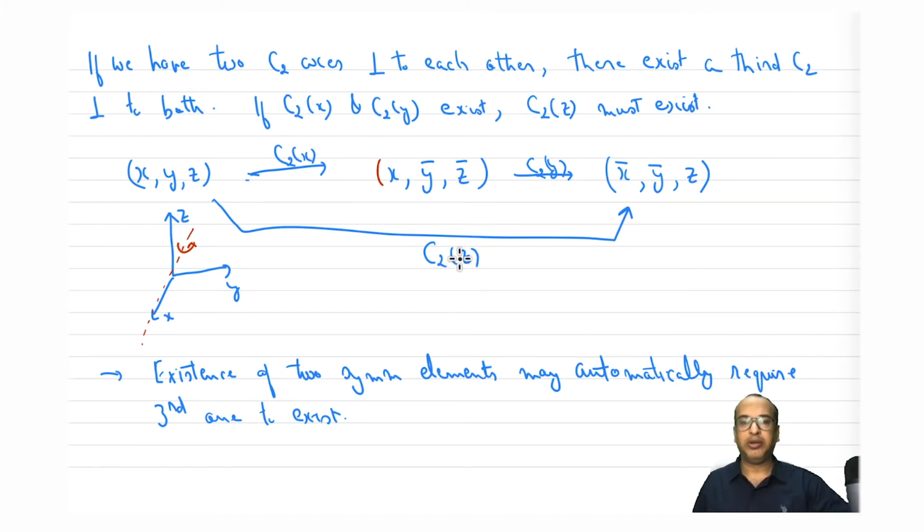So the existence of C2x and C2y is directing the existence of C2z.